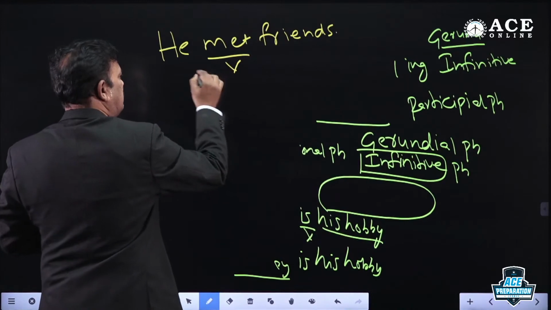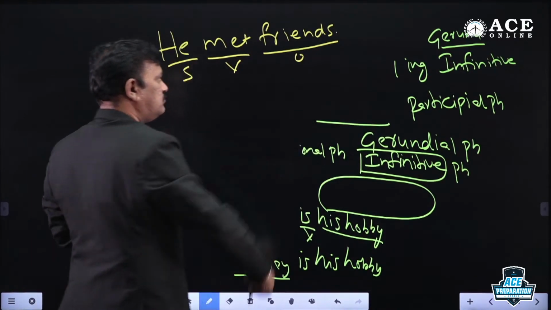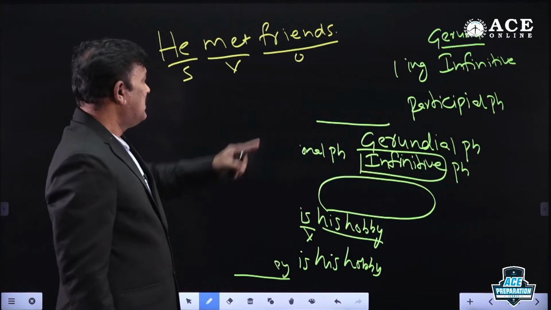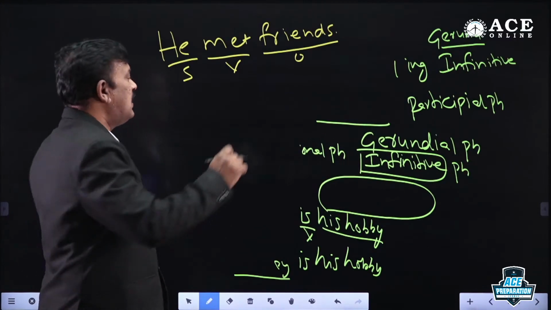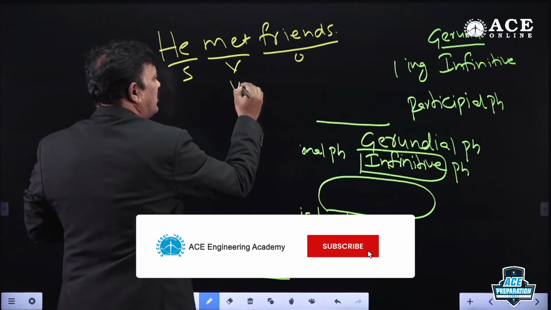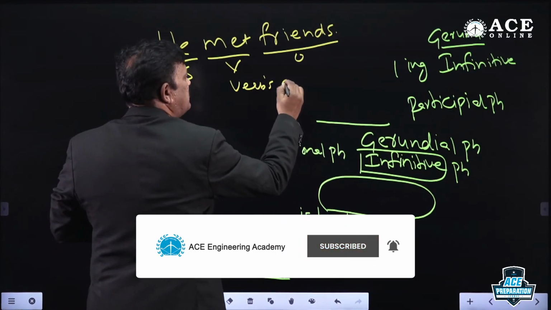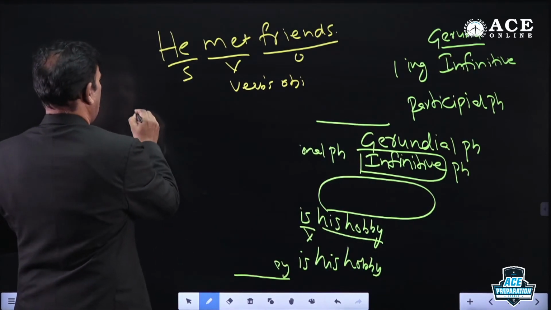This is the verb, this is the subject. He met whom? Object. This is the object. Please pay attention, the statement I am giving you. This is the object. Object of whom? This is verb's object. Okay. Now look at this.